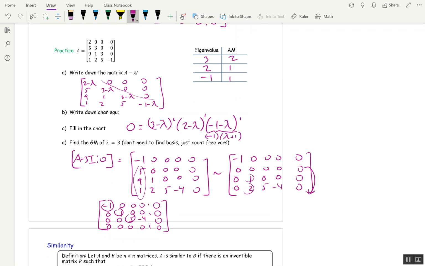Pivot, pivot, pivot. We've got one free variable, so the GM is 1. So the AM was 3, no, the AM was 2, and the GM was 1.